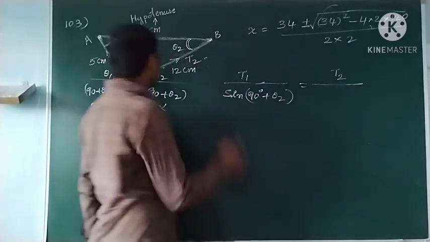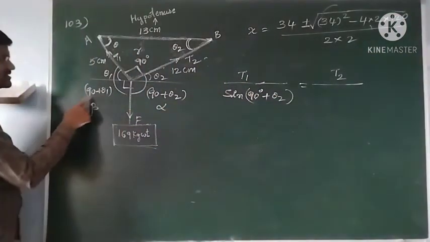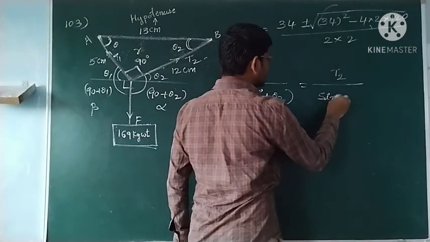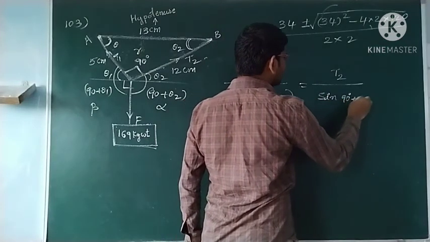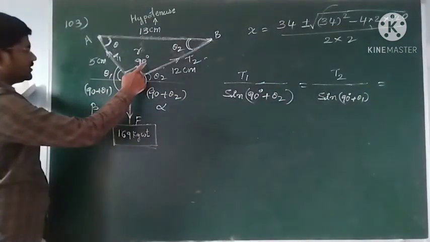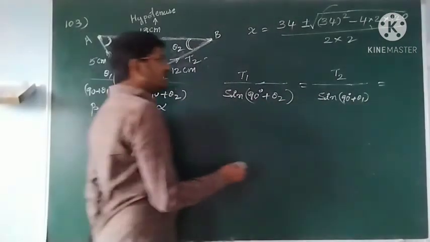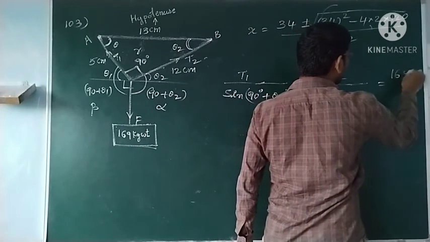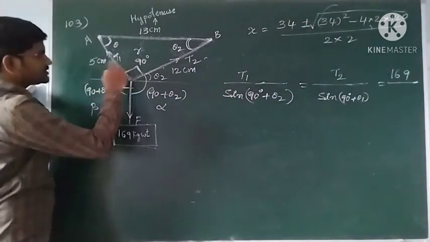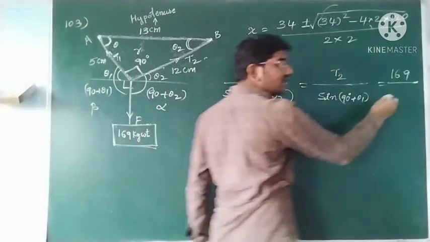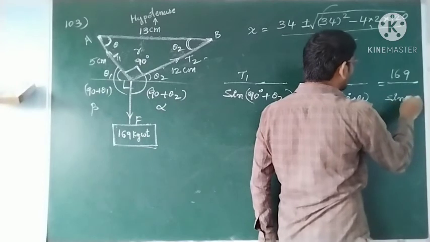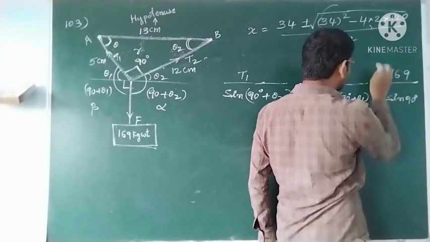So T2 by, what do we write here? Sin 90 degrees plus theta 1, and this force is 169 kilogram weight by sin 90 degrees, the opposite angle 90. So you write sin 90 degrees.